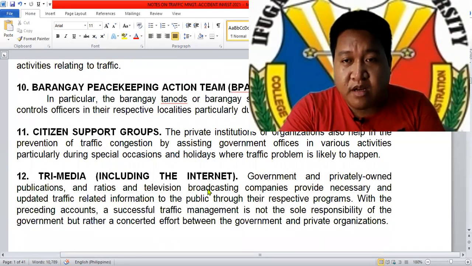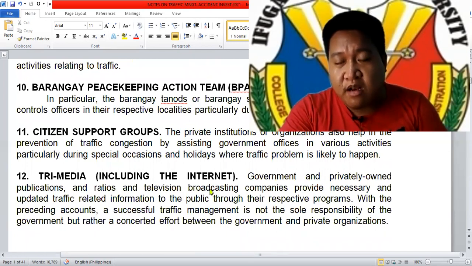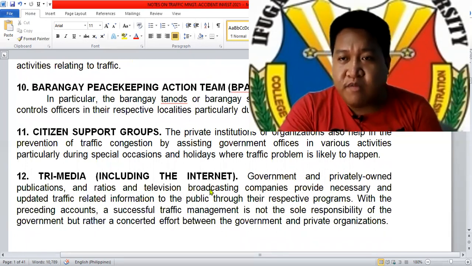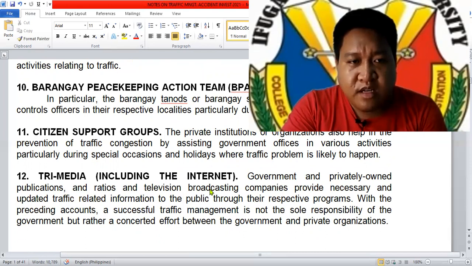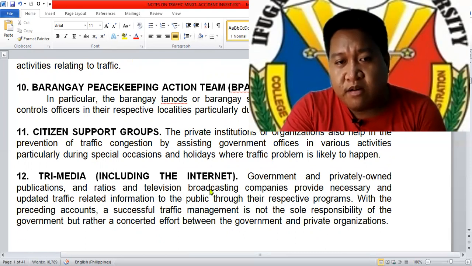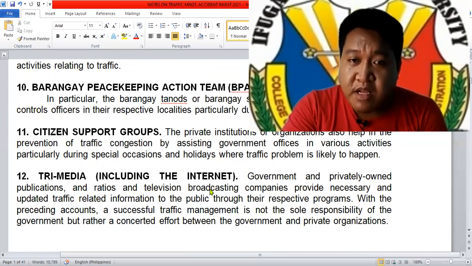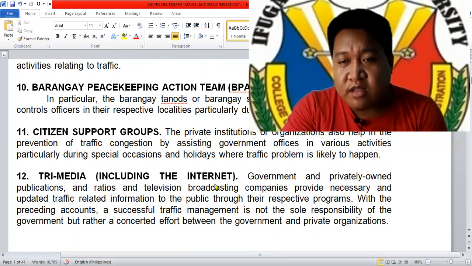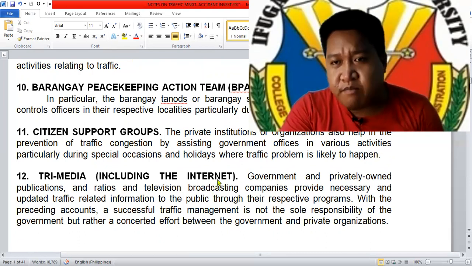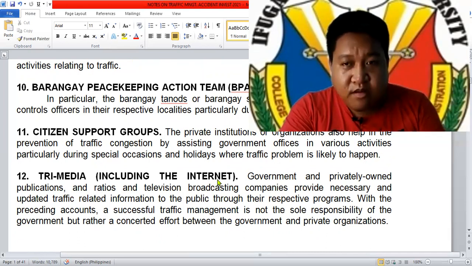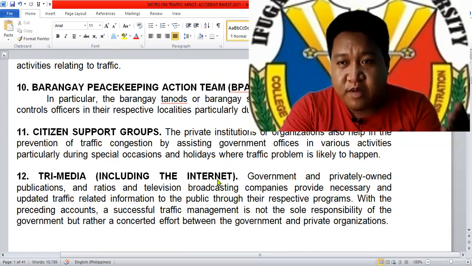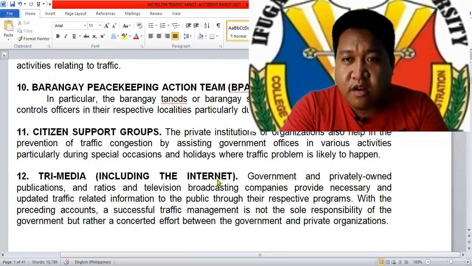Then of course, ang pinaka accessible na magbigay ng motivation and inform sa public when it comes to traffic rules and regulations is the tri-media, including the social media, with the use of internet. Social media, yan yung pinaka common na ngayon. Yung newspaper, yung radio, yung television, those are the traditional ones.